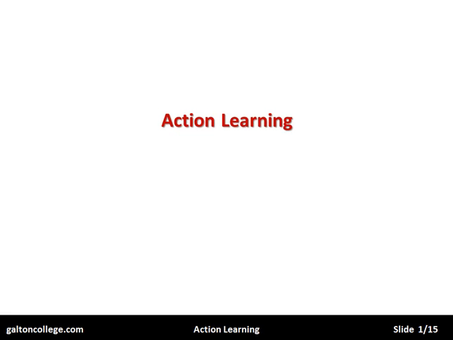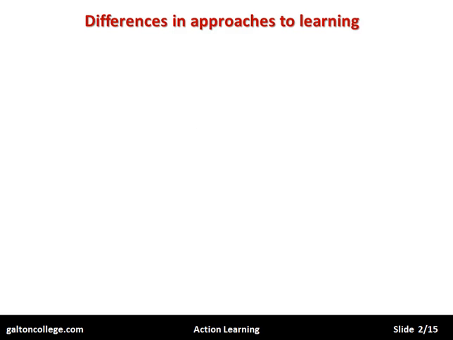But in this class, we want to more specifically contrast traditional learning with action learning. So there are differences in approaches to learning. There is traditional learning, which we can associate with schools, colleges, universities, different types of learning. Essentially, the information there is handed down to us.